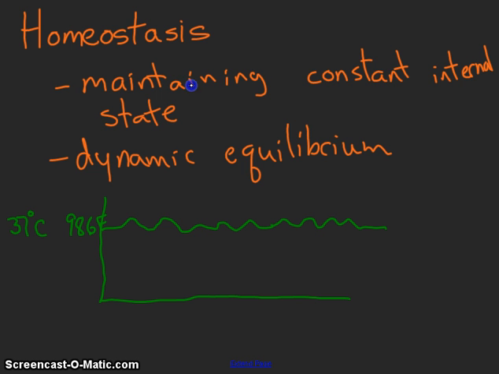And we would expect our dynamic equilibrium to be somewhere right there in the average, that's the red line I'm trying to draw at 98.6 degrees Fahrenheit. So you can see that it goes up to 99, goes back down to 98, maybe 98.6, and then you get the idea. But it can go in either direction, and we're still maintaining homeostasis.